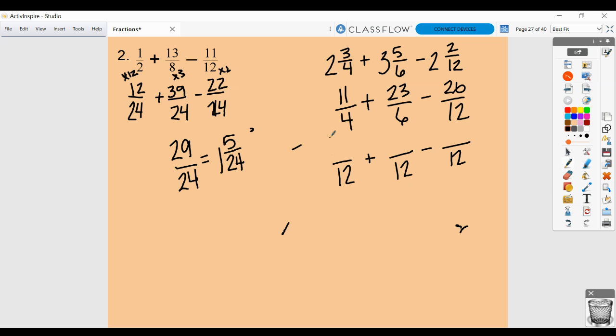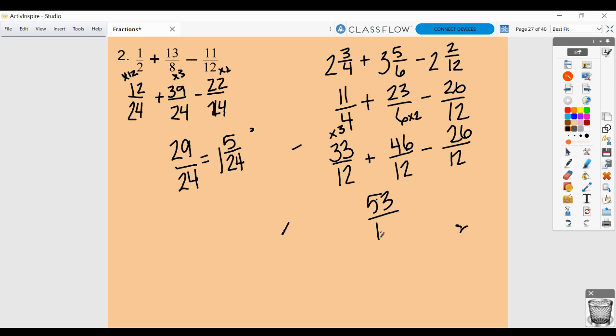Okay, so 4 times 3 is 12. So 11 times 3 is 33. 6 times 2 is 12. So 23 times 2 is 46. And then the last one doesn't need to change. So we can just add 33 plus 46, and then minus 26.